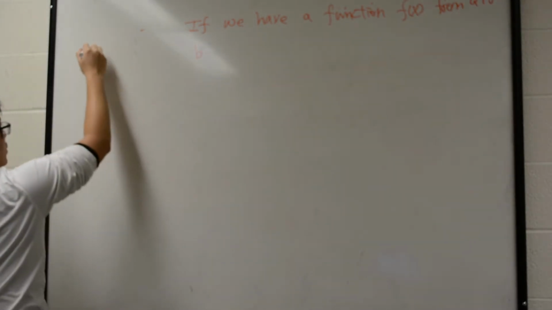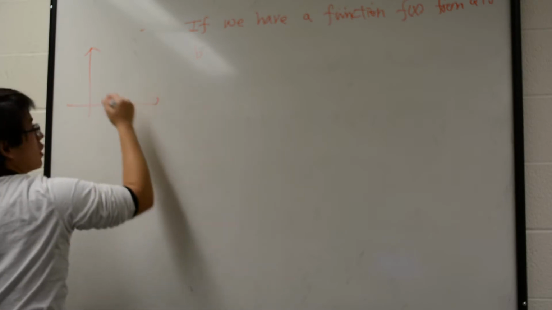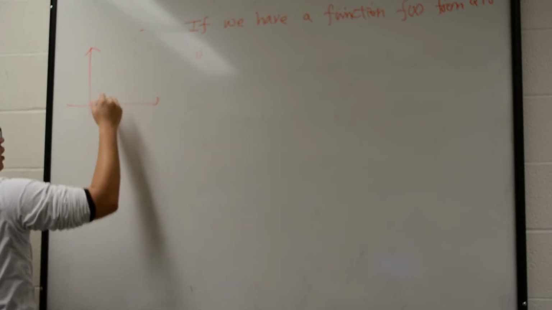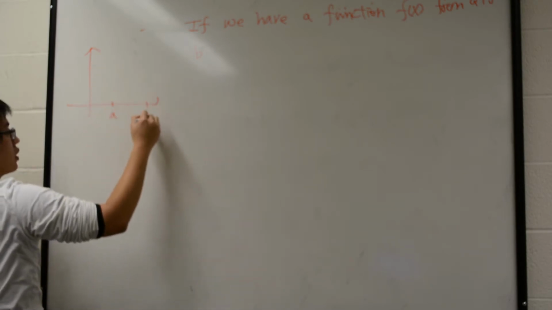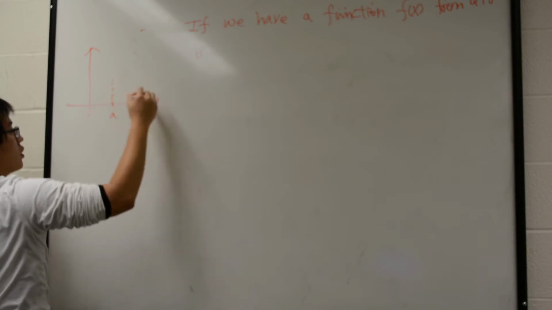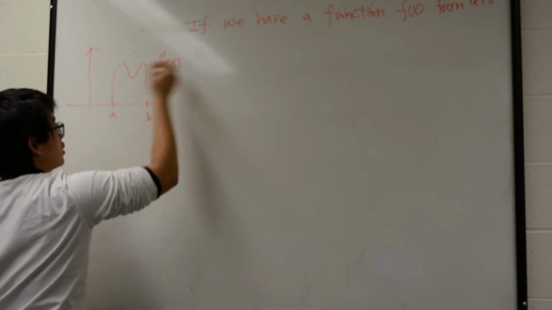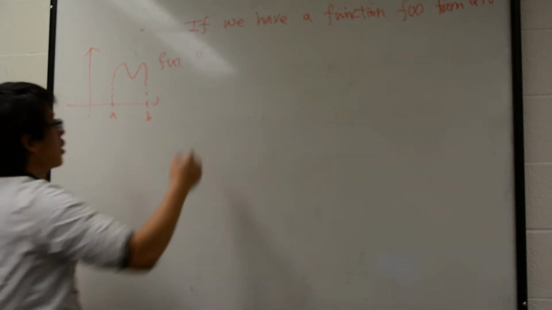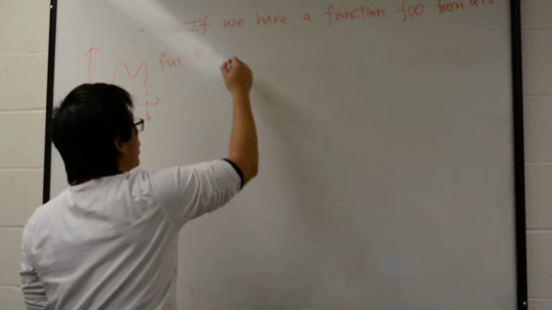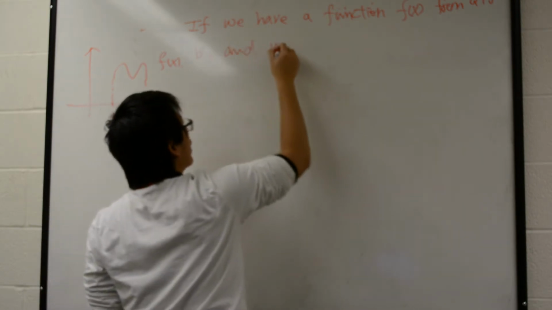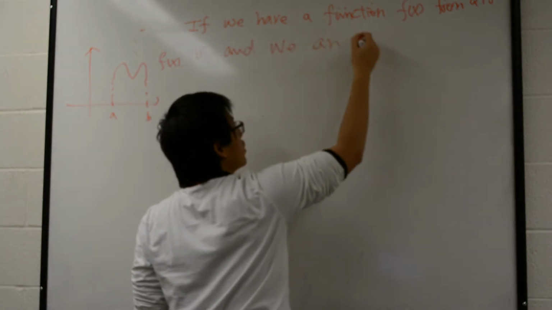So the function looks like this. This is a, this is b, and we have a function on here. It's f of x. Okay. And we have a torus.